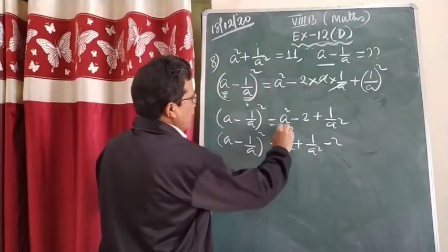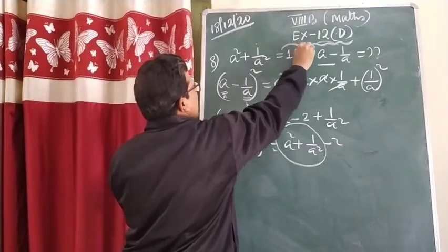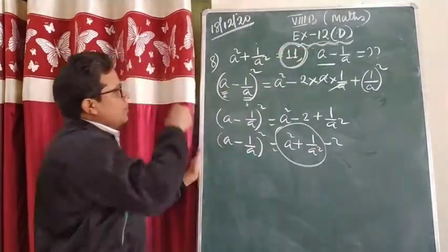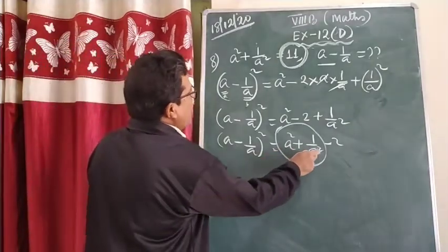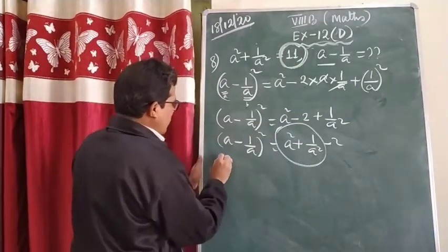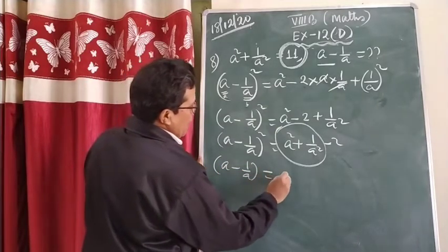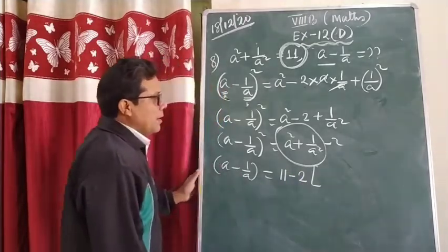Now you see here, a square plus 1 by a square. What is the value given? Same math like you did yesterday. What is the value given? 11. So in place of a square plus 1 by a square, I have to write here 11. So write here a minus 1 by a equal to 11 minus 2. What should be written in the bracket here?